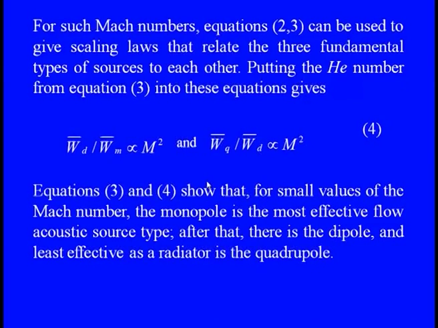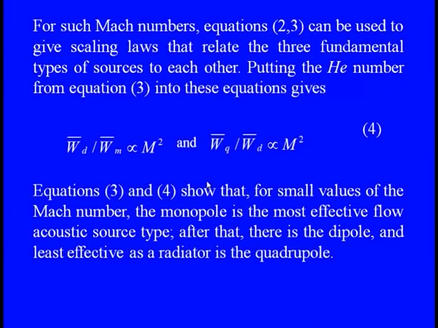So when the power dissipation or power ratios between the dipole and the monopole are considered, it is proportional to m square, and for the quadrupole and dipole it is also proportional to m square. For small values of Mach number, the monopole is the most effective flow acoustic source.